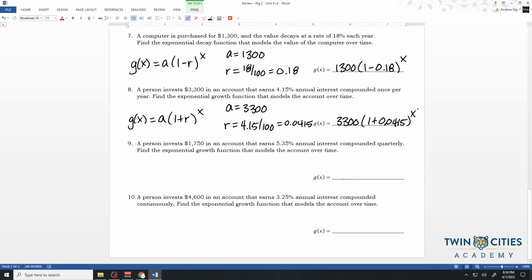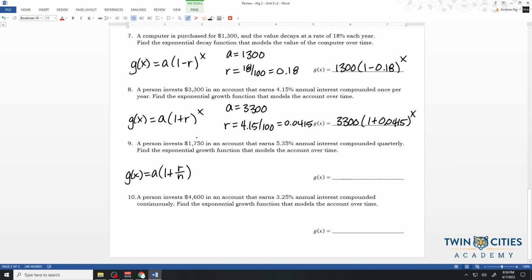Number 9, however, a person invests $1,750 in an account that earns 5.35% annual interest, this time compounded quarterly. So when it's compounded more than once per year, I use this function, g of x equals a, and then instead of 1 plus r, this will be 1 plus r over n.